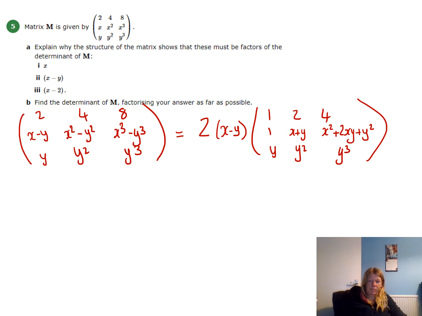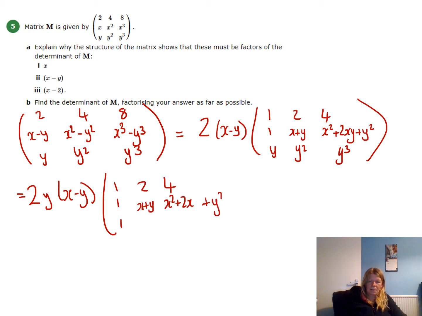Okay, let's pull y out. On the bottom, y and y squared.